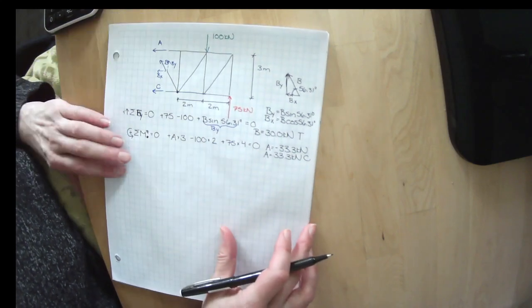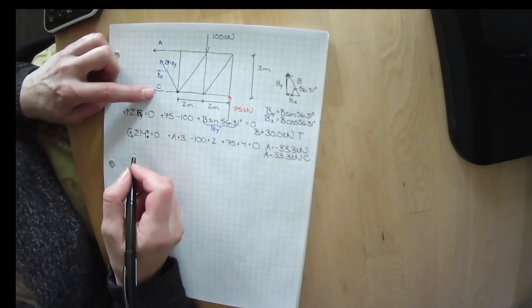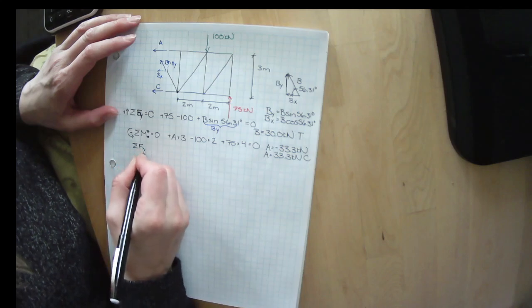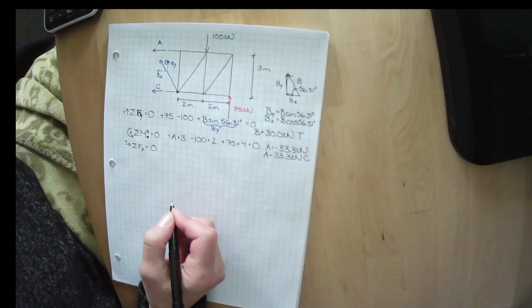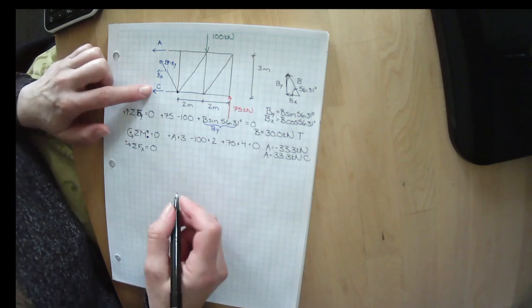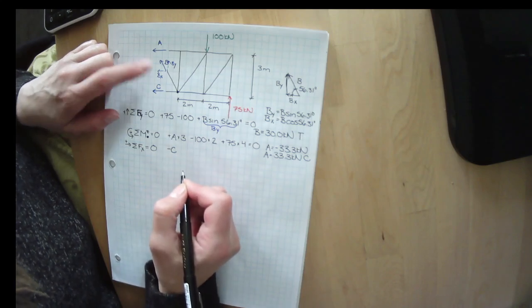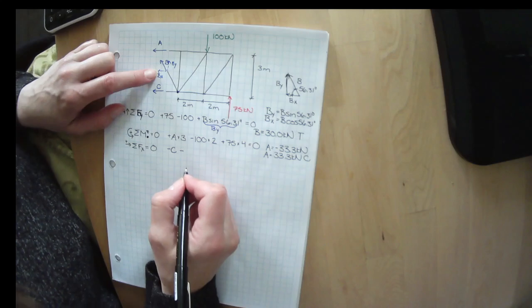I still have one more unknown. I don't know what the value of C is, so I'm going to sum the forces in the x direction with everything going in that direction being positive. So I've got minus C minus Bx.